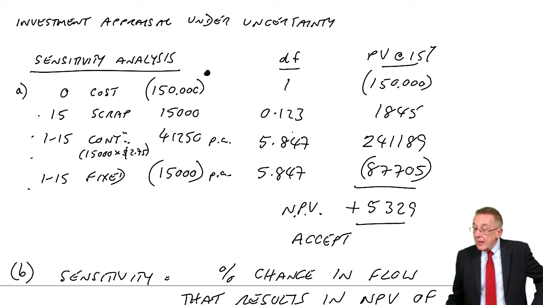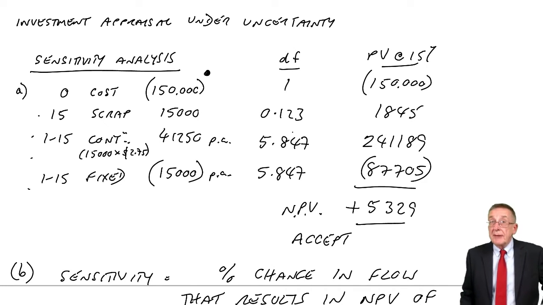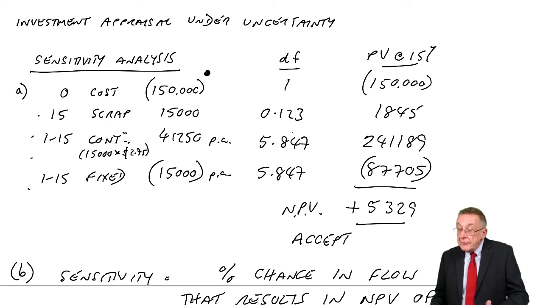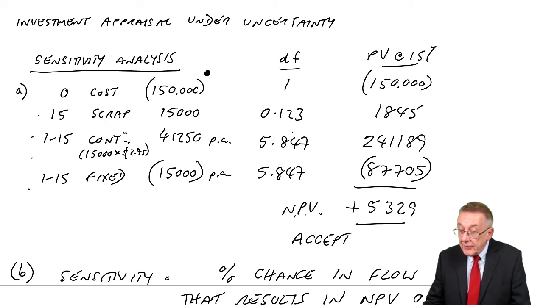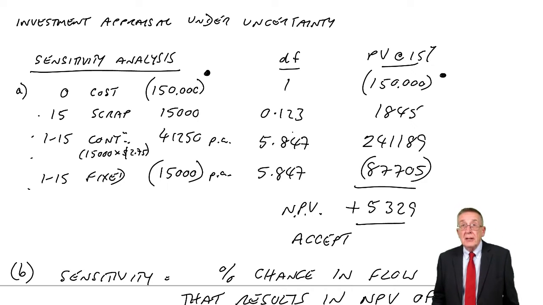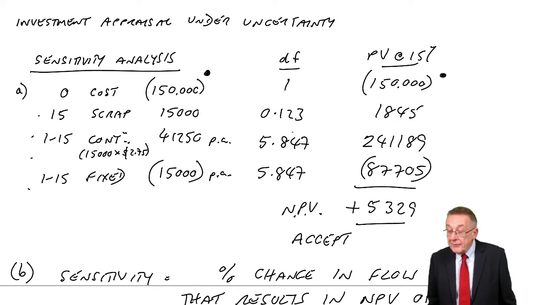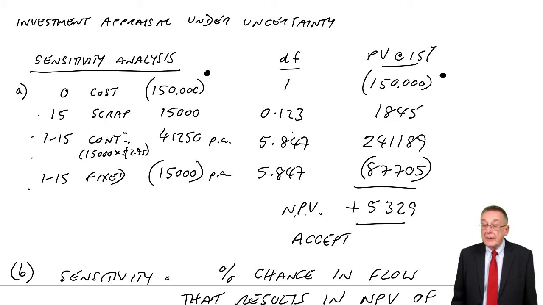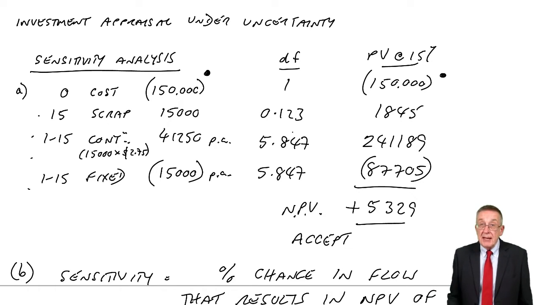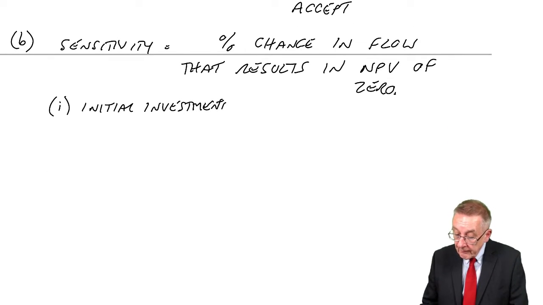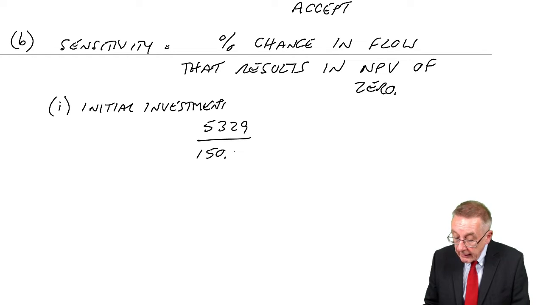Well, think about it. For the NPV to be 0, the NPV would have to fall by 5329. For it to fall by 5329, if the only thing changing is the cost, the cost would have to go up by 5329. If the cost went up by 5329, the NPV would be 0. And so we say the percentage change is 5329 on our estimate of 150,000.